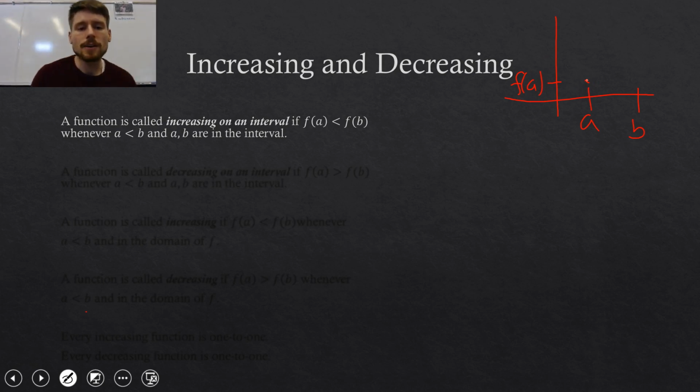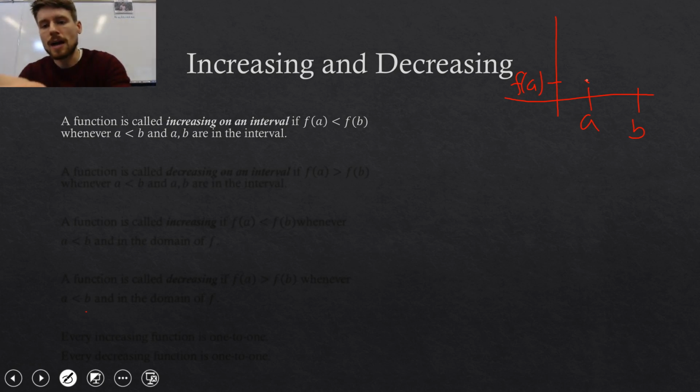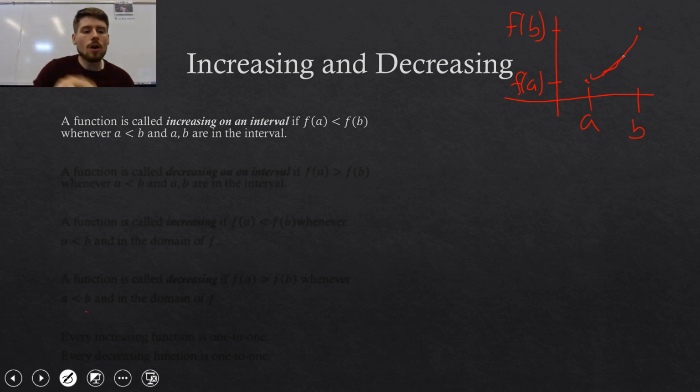And you want the value at a to be smaller than the value at b, so f of b is going to be above f of a. And so your function gets bigger as you go. And it holds for all the a's and b's in that interval as long as a is smaller than b.